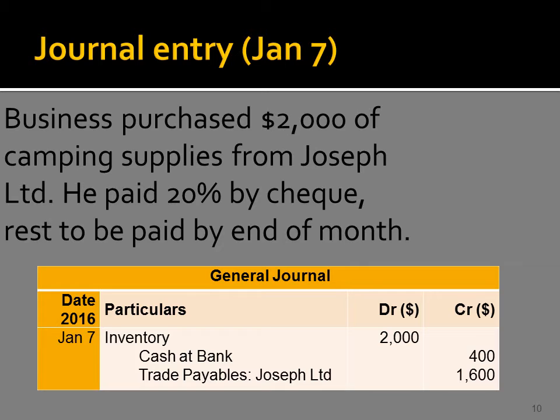For the second set, you can debit inventory $1,600 and credit trade payables Joseph Limited $1,600. By putting it in two different sets, it would be easier for you to do posting later on.